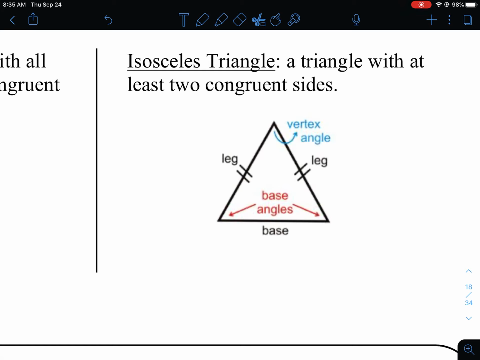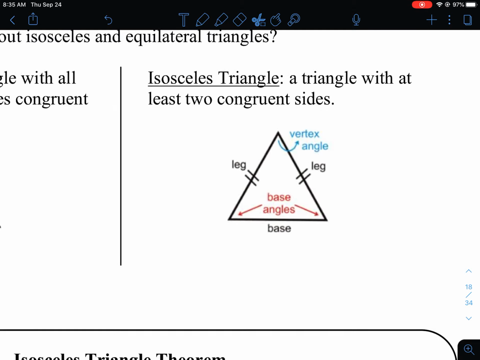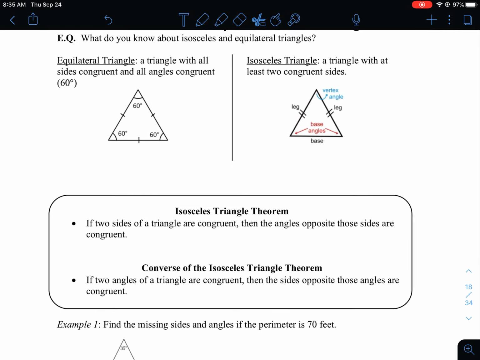And the base has the base angles. The two sides of the triangle that are congruent are called the legs. And the angle that is created from the two legs is called the vertex angle. So we're going to refer to vertex angle, base angles, legs, and bases throughout this lesson and some of the theorems that we look at today.